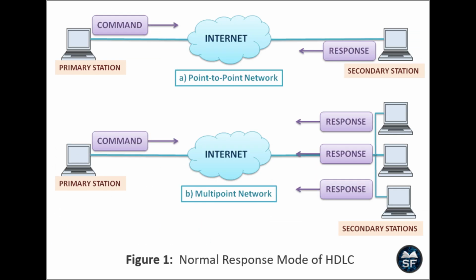The HDLC encapsulation protocol has fields like the start flag field, the control field, the information field, and the FCS, frame check sequence field. The standard HDLC protocol contains fields such as address field, control field, and protocol field.